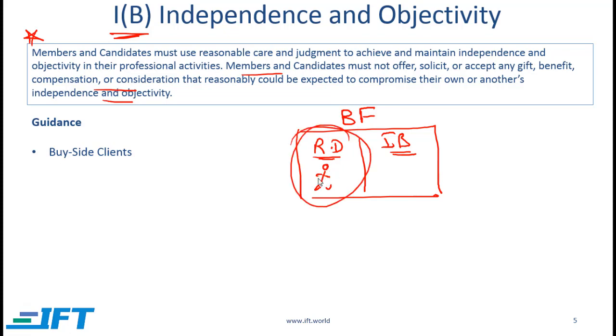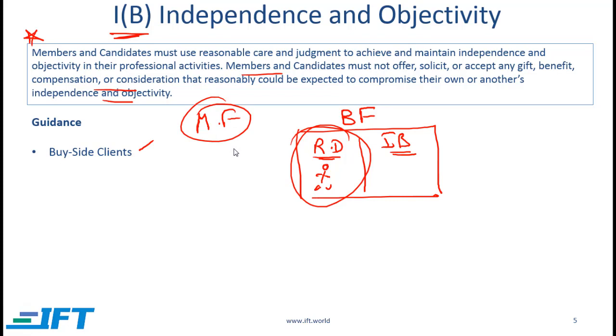Now, who might try to impact or have an influence on the reports that you write? One is buy-side clients. And let me just make a clarification here. When you work at a brokerage firm and you are creating reports and then disseminating those reports to a wide audience, you are referred to as a sell-side analyst because you are selling your services to other entities. One entity that will use your reports is buy-side clients. So an example of a buy-side client would be a large mutual fund.